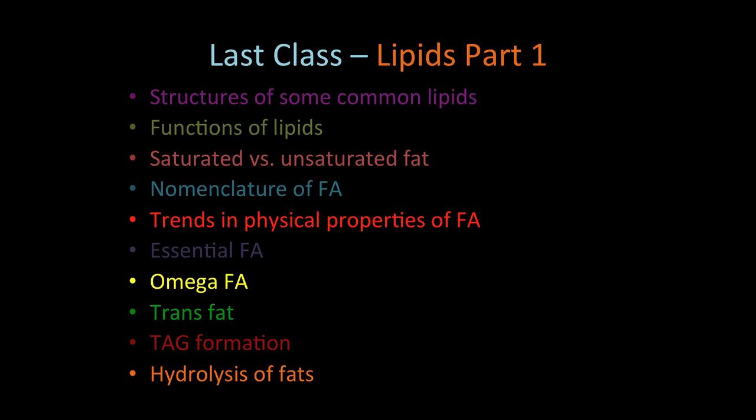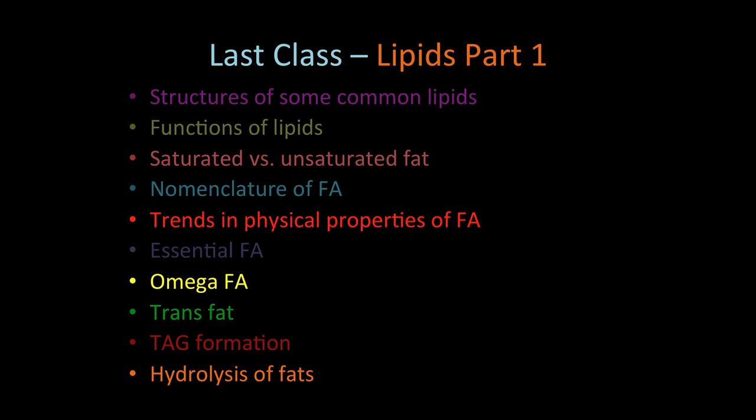So just to recap, in last class, which would have been lipids part 1, we looked at structures of some common lipids, functions of lipids. We looked at saturated versus unsaturated fats. We named fatty acids. We learned how to use the delta designation, as well as how to label it via the omega nomenclature. We looked at trends in melting point in fatty acids.